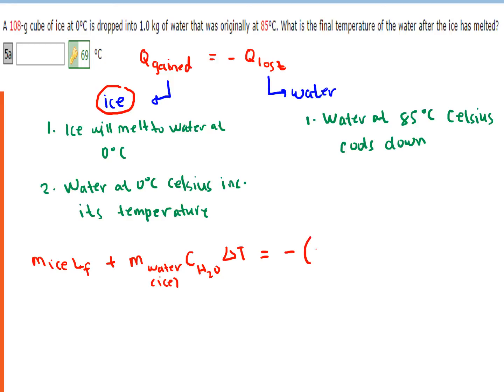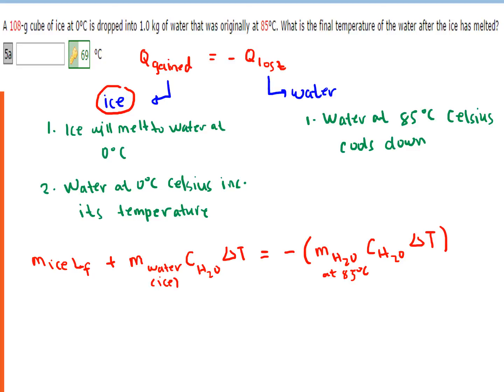So in this case, it would be the mass of water, and we're talking about the water which is at 85 degrees Celsius, multiplied by the specific heat capacity of water, multiplied by the change in temperature. And now let us substitute our values. The mass of ice is 108 grams.